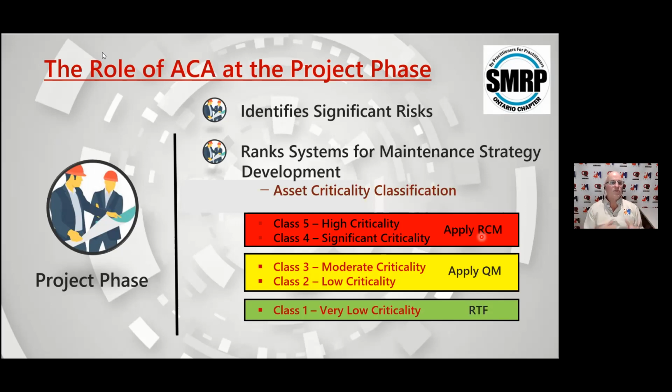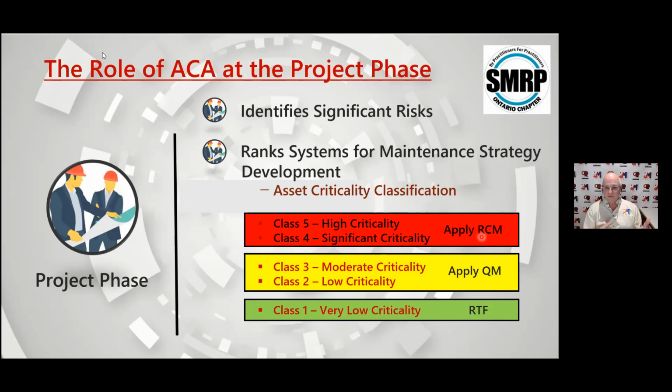RCM is a process to develop failure consequence management processes for critical assets. If you have a medium criticality, then you can use a less rigorous process, which we call quick maintenance. You can do something like FMEA, or some other type of analysis that is not as rigorous as the RCM.